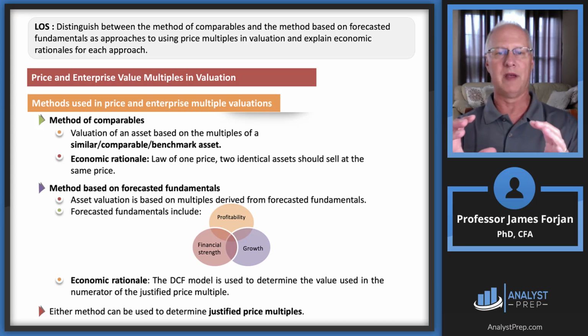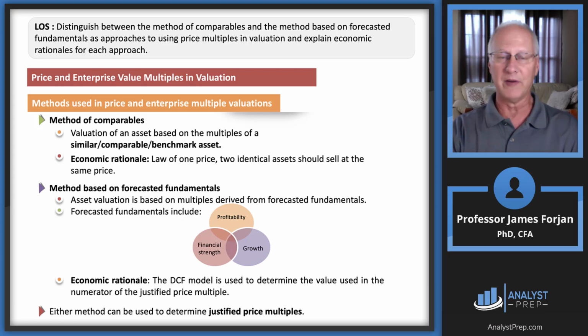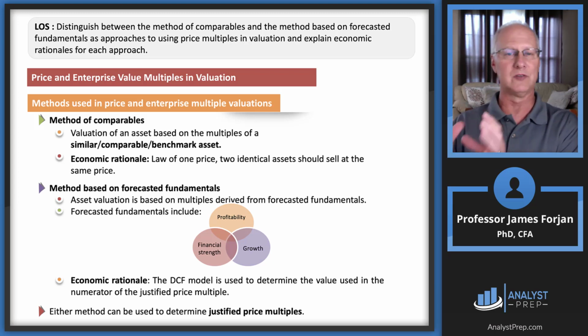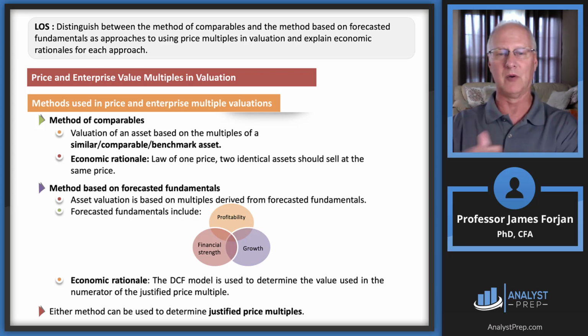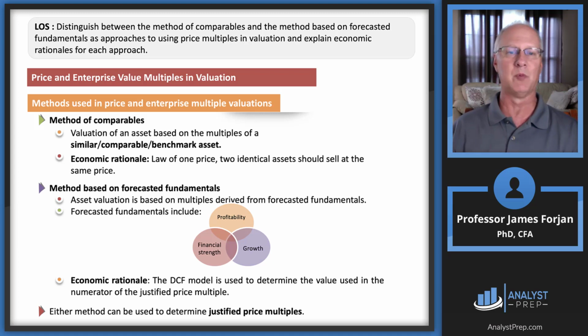So notice what we have there in those little circles or ovals. Profitability, right? That includes things like net income and operating cash flow and free cash flow. Financial strength, that looks like, okay, what does the right-hand side of our balance sheet look like? What is the amount of debt versus the amount of equity? Is this an optimal capital structure? And then, of course, growth.